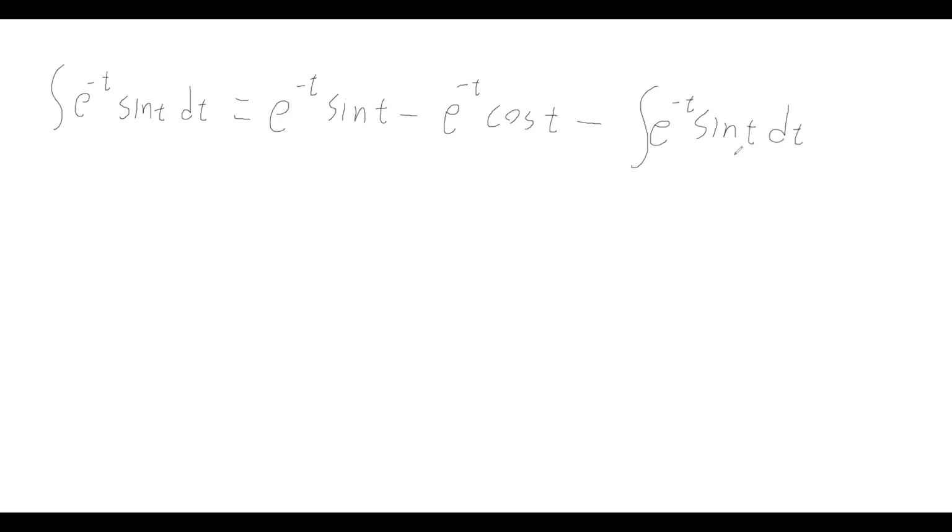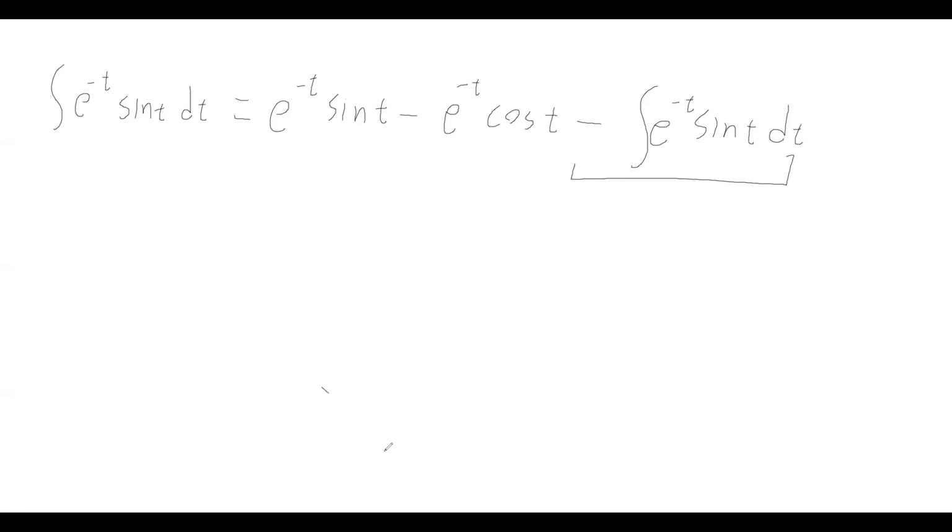And then we notice that this integral is the same as that one, right? If you keep on going with integration by parts, you're just going to repeat yourself, right? So I'm going to take this whole thing, move it to the left, right? So add this integral to the left.